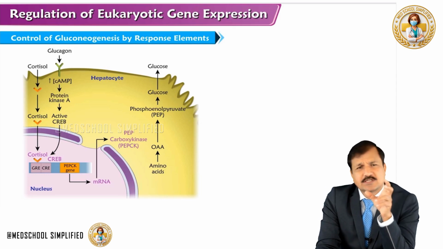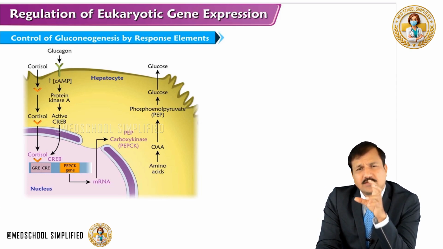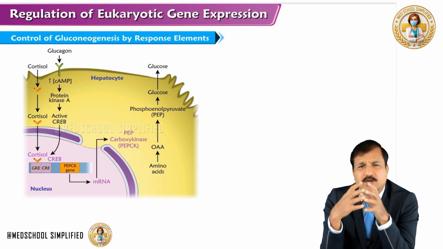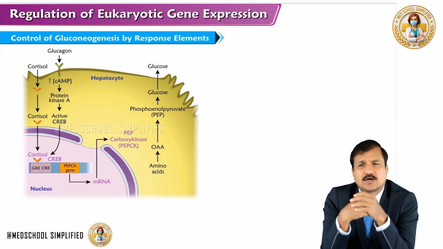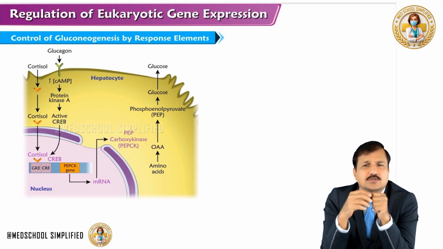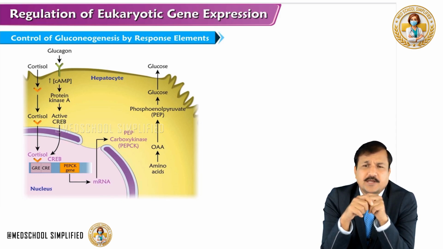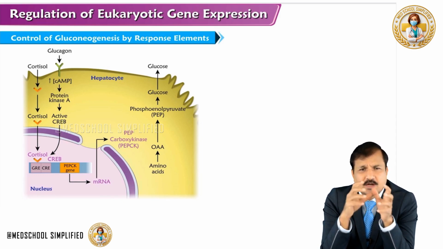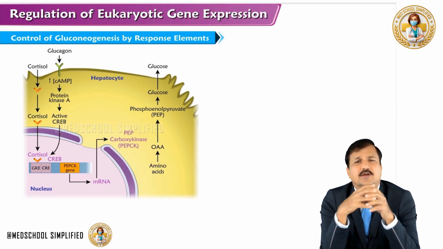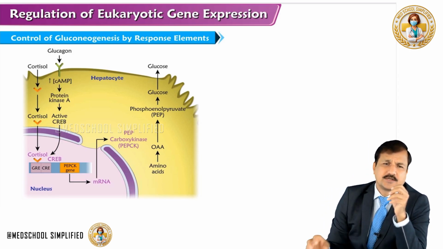So gluconeogenesis, as you know, is a hepatic pathway whose major function is to maintain adequate glucose in the blood for tissues like brain and red blood cells, especially during fasting condition. It also provides glucose during periods of stress. The hormones that activate gluconeogenesis, as shown here in the figure, are glucagon and cortisol.